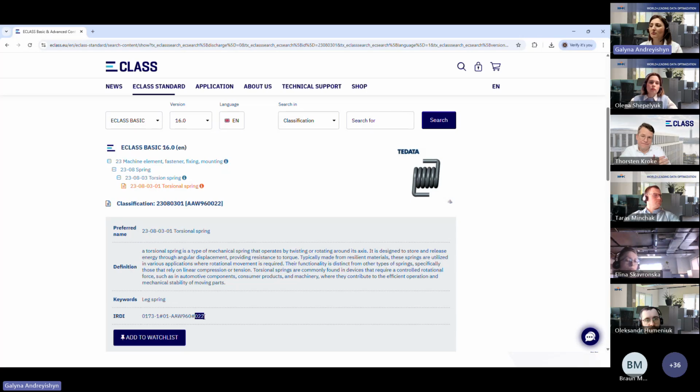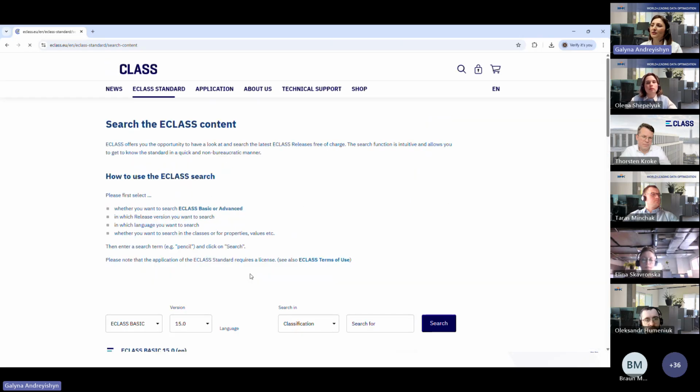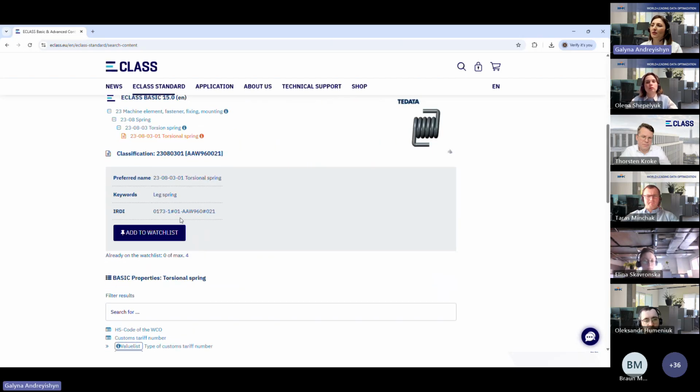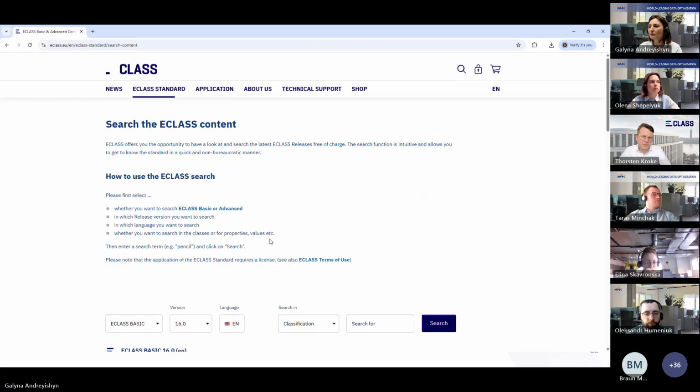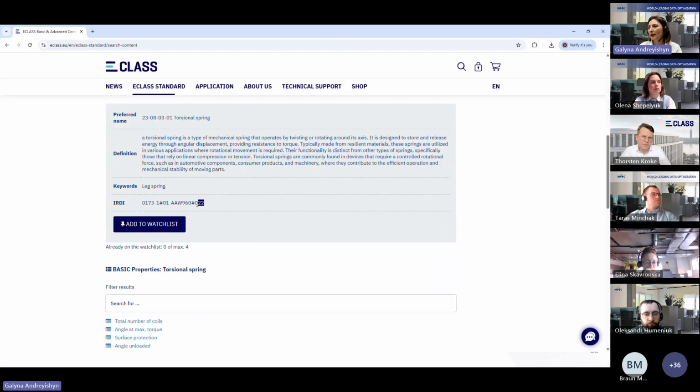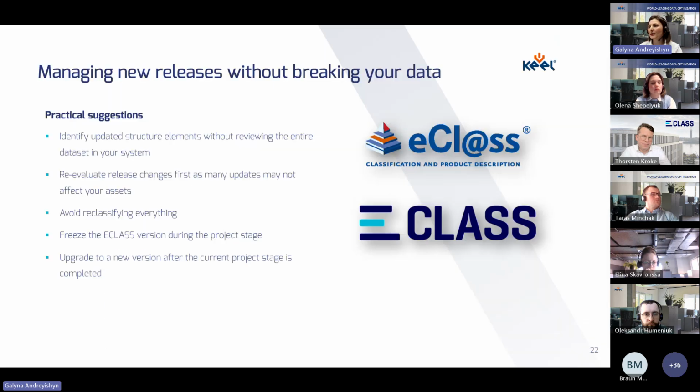So we have here the preferred name, definition, keyword, and so on, and what we had, for example, in version 15. As you can see, we didn't have a definition at that time, and the revision was 021 and in 16 022. So, let's get back to the presentation.